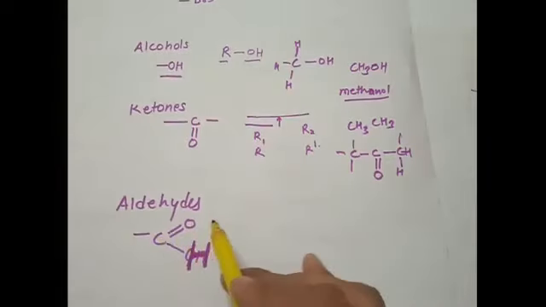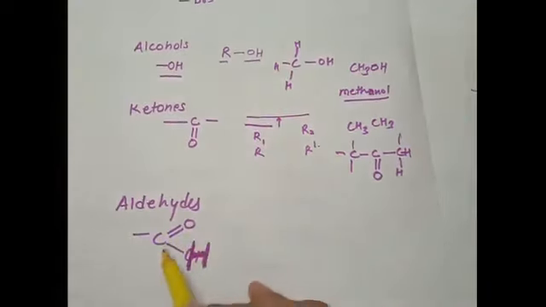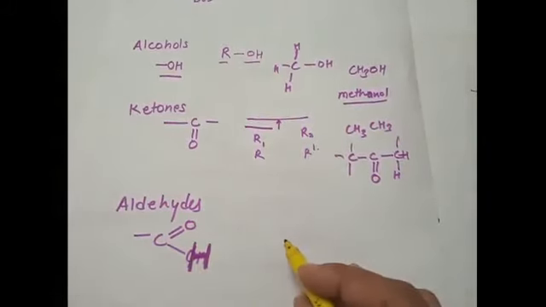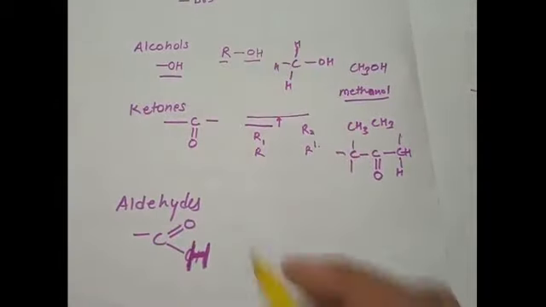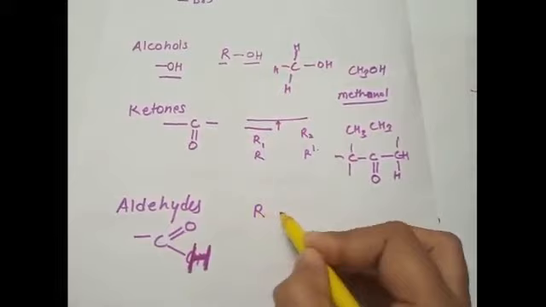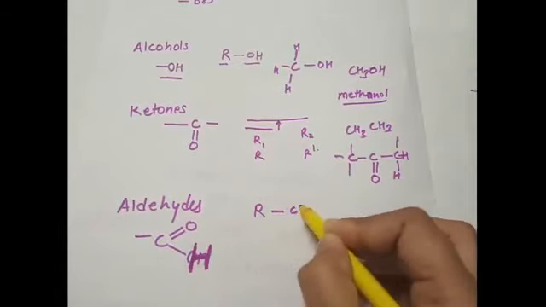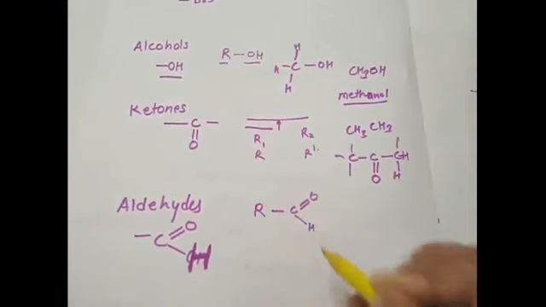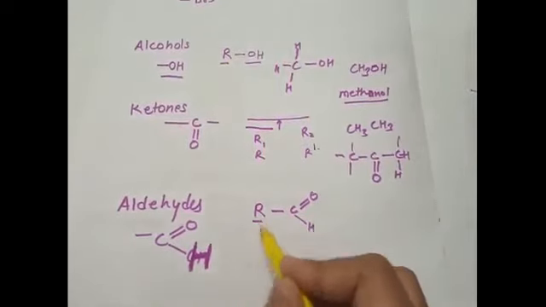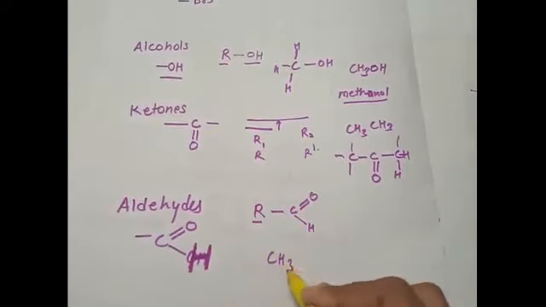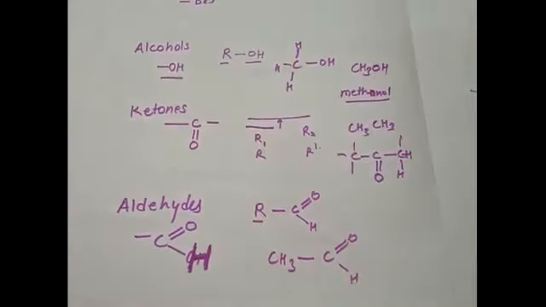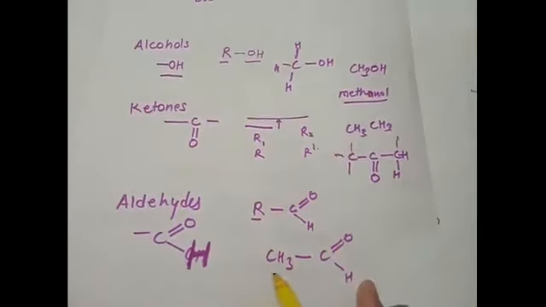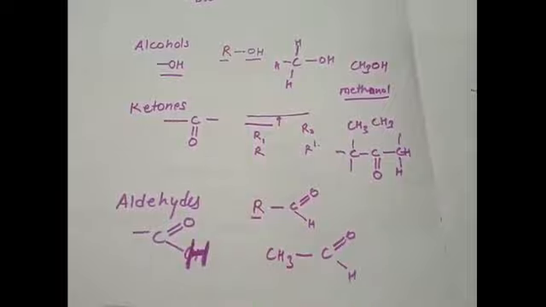In the same way we have aldehydes. Aldehydes are C double bond OH. Let us take an example where we have a carbon chain denoted as R, and this will be attached as COH. This R can be anything: it can be CH3, or it can be a long chain or a cyclic compound as well.